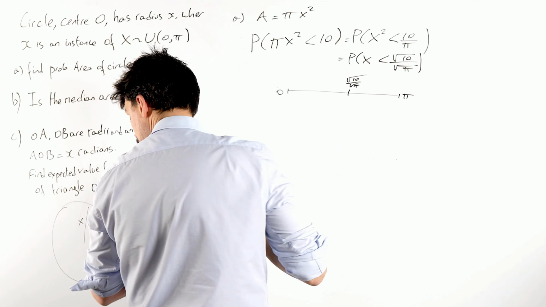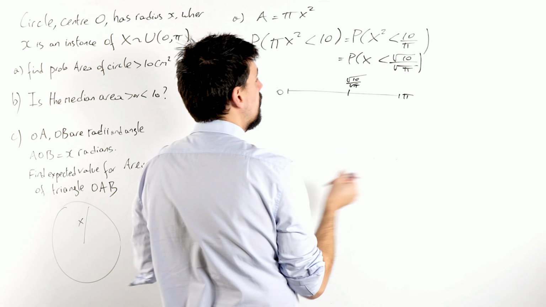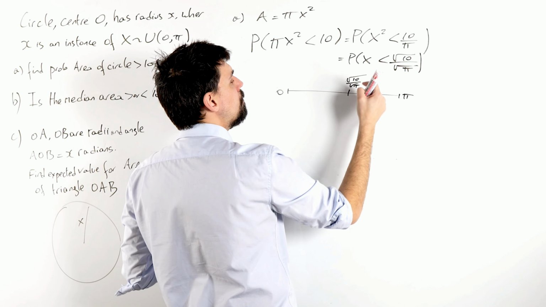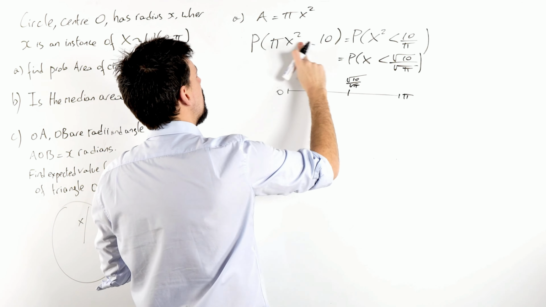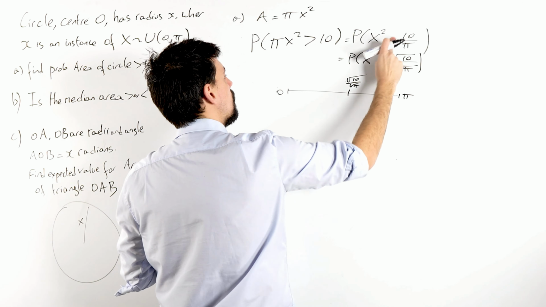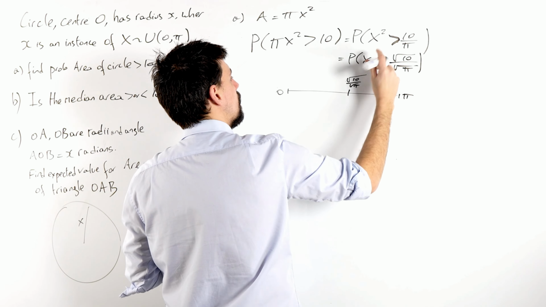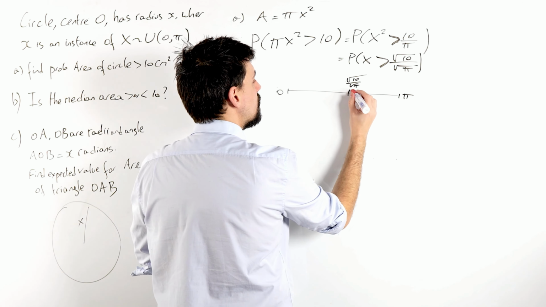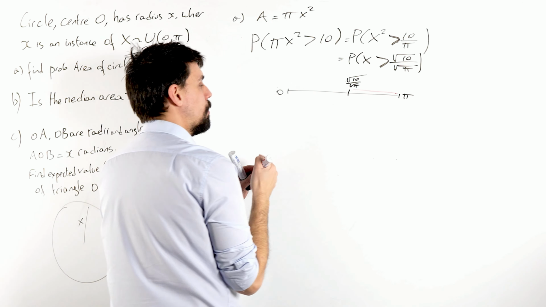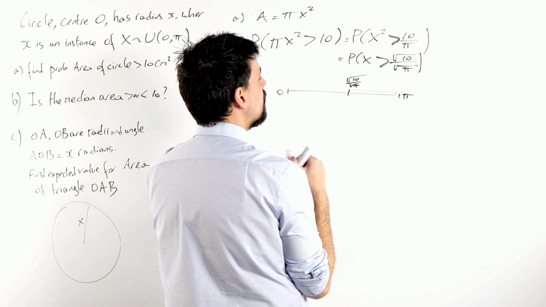So what we want is, where's my red pen? The probability that it was greater than 10, wasn't it? We want that length as a proportion of the entire length.